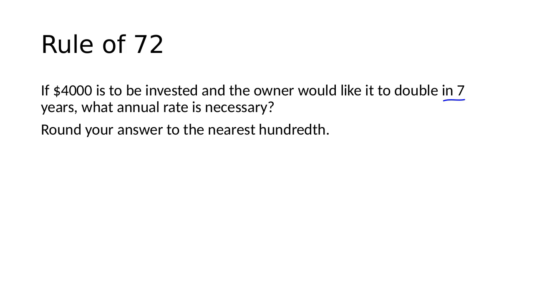That's the 7 years. What we're trying to find out is what the annual rate is. So remember, with the Rule of 72, an investment invested at R% will double every 72 over R years. And in this case, we know the years and we're trying to find out the interest rate. So we're trying to find out what R is.